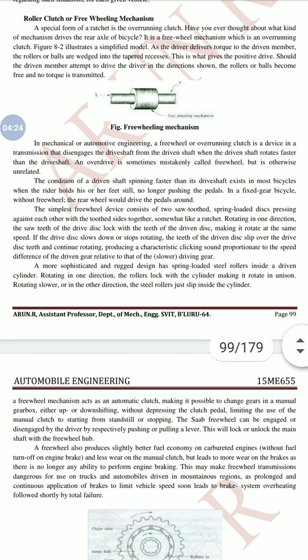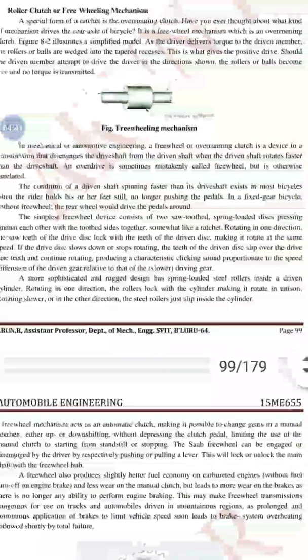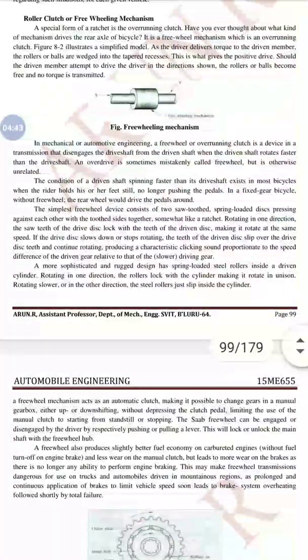When the drive disc slows or stops rotating, the driven disc slips over the drive disc, and continued rotation takes place with the help of the spring-loaded rollers. This condition, where the driven shaft spins faster than the drive shaft, exists in most bicycles. In the same way it is provided in automobile engines also.